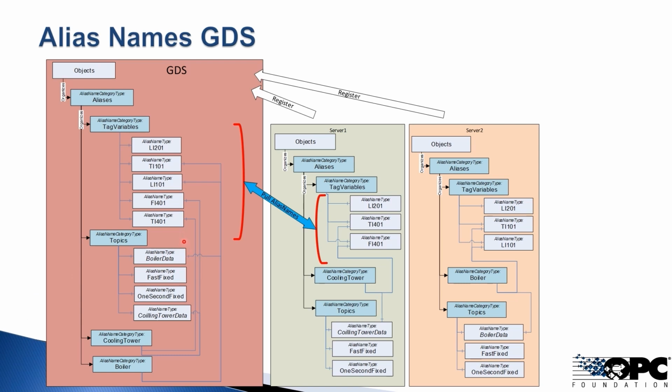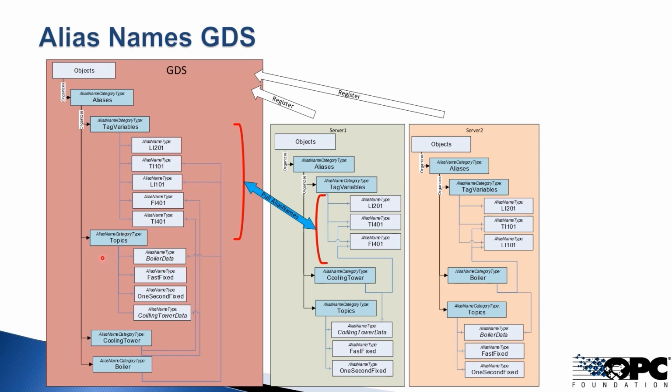You'll notice here in the diagram we have more than just tag names shown, and the alias name concept can be used for things beyond tags and sort of the named nodes in OPC servers. One example of that is in PubSub. We use it to provide named topics for PubSub publishing and subscribing.